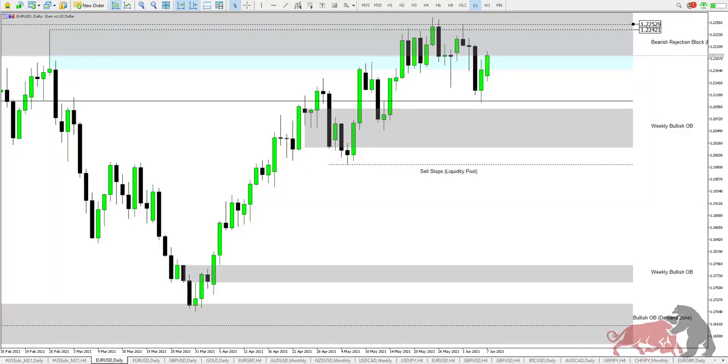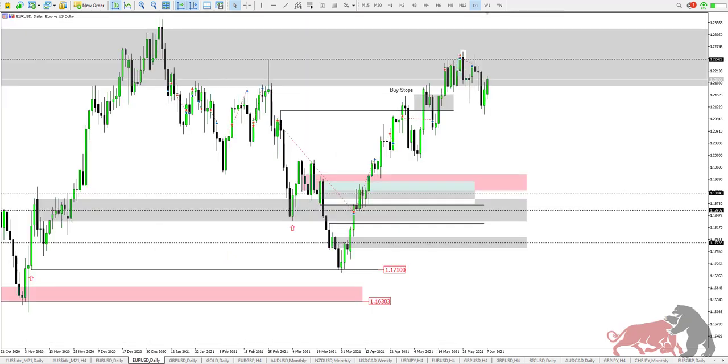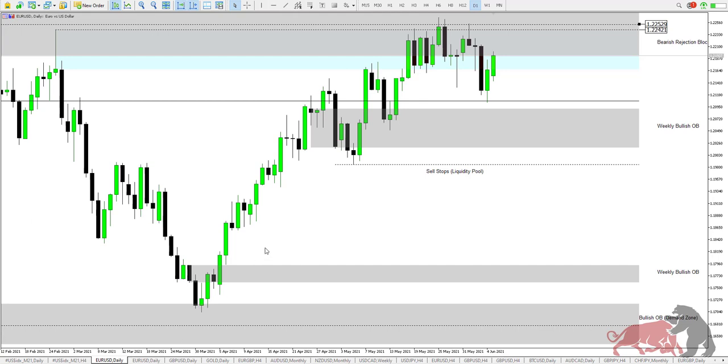Now when we come to the chart, EURUSD, we've got exactly the same price action but opposite. You see, we've got our last up candle here, which is our clearly defined bearish order block. Let me use my solid line there.